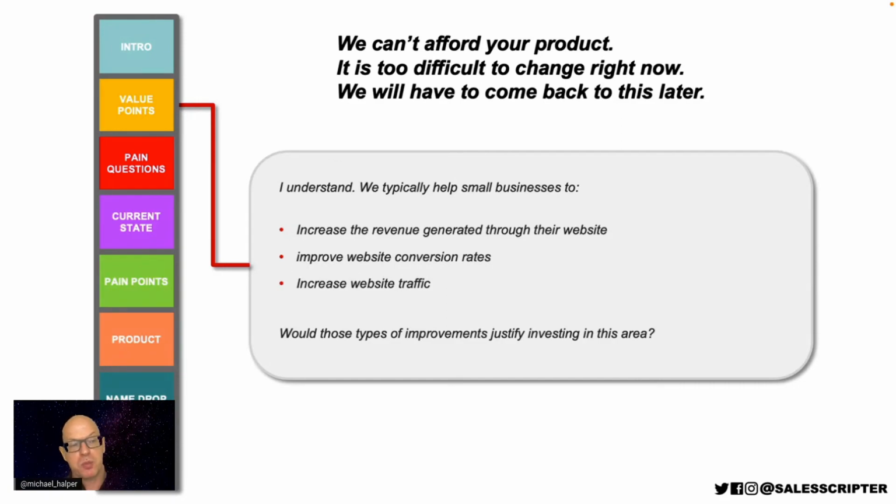We typically help small businesses to improve website conversion rates. Would those types of improvements justify investing in this area? So you're kind of going back to the value that you have to offer because maybe the prospect doesn't understand that. Maybe they do and they still think they can't afford what you sell, but this is a way to respond to those objections, which is going back to your value points.